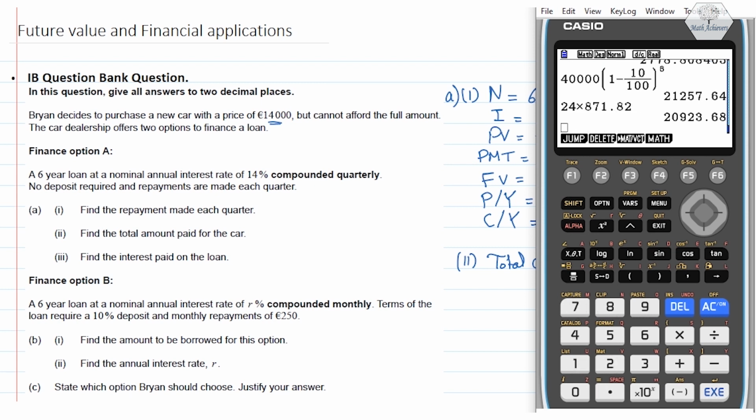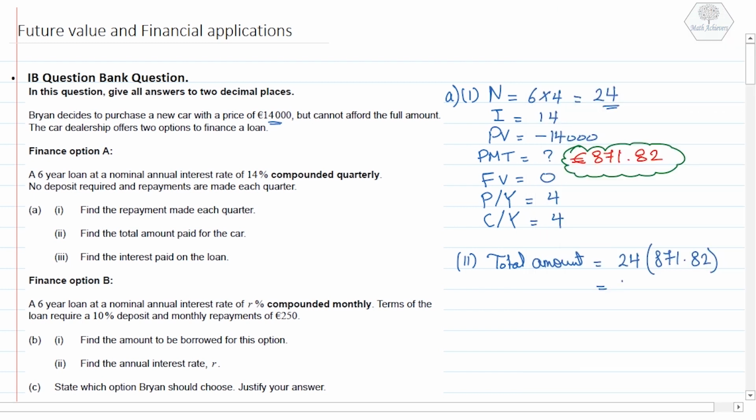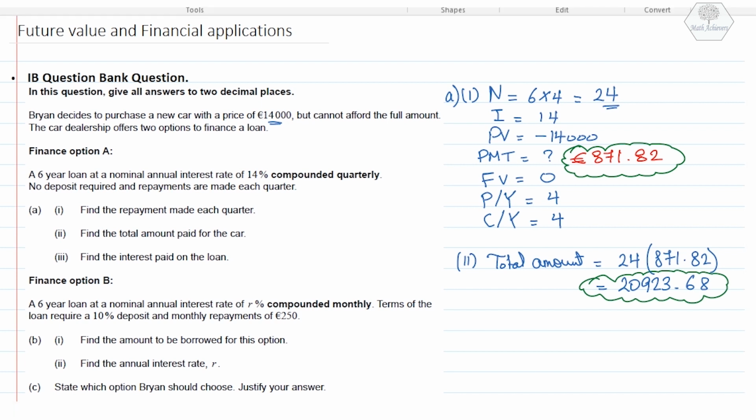So the total paid amount is 20,923.68 euros. This is the total amount that Brian has to pay the bank.